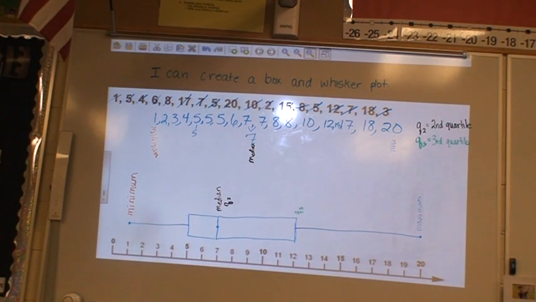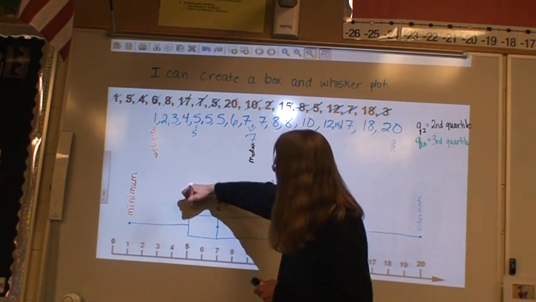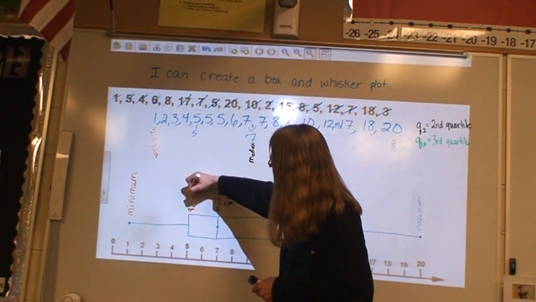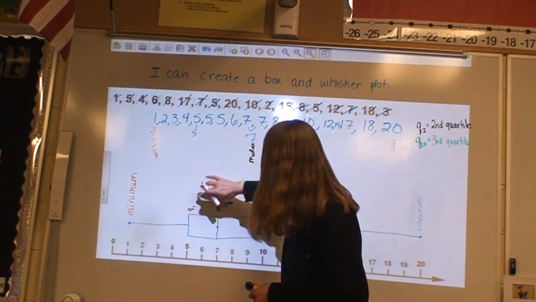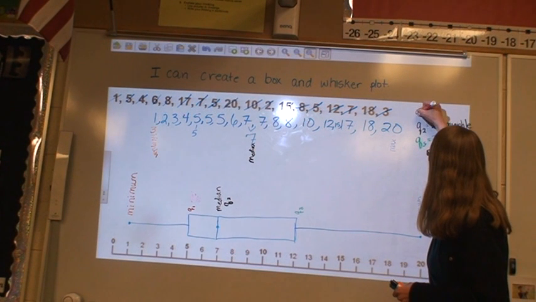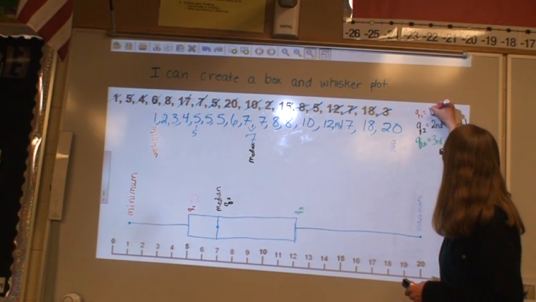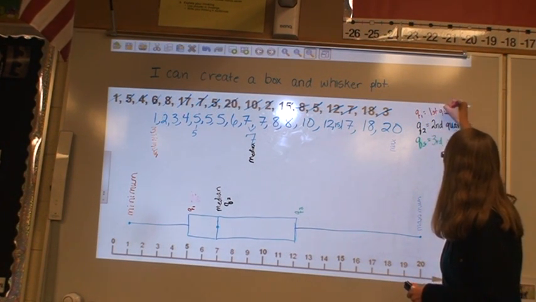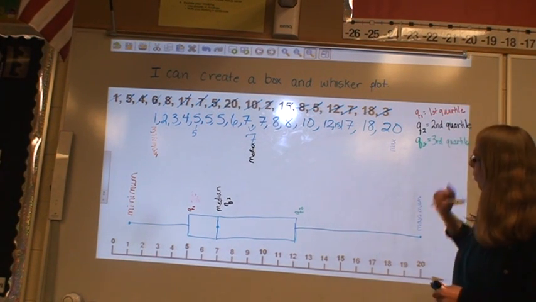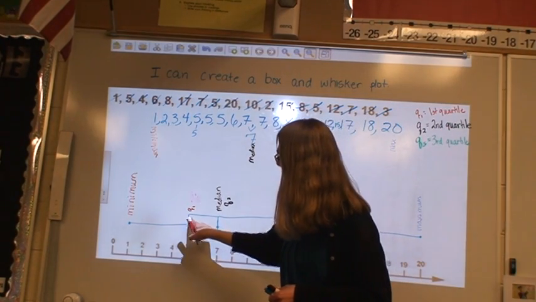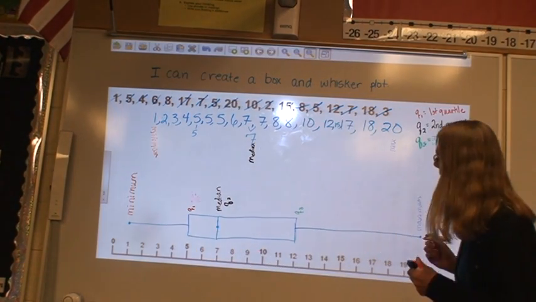Let's go with that. This is Q1. It is your first quartile. I'll go ahead and define that up here. So Q1 is your first quartile. That's like 1/4, so that means 25% of your data is going to be over here.